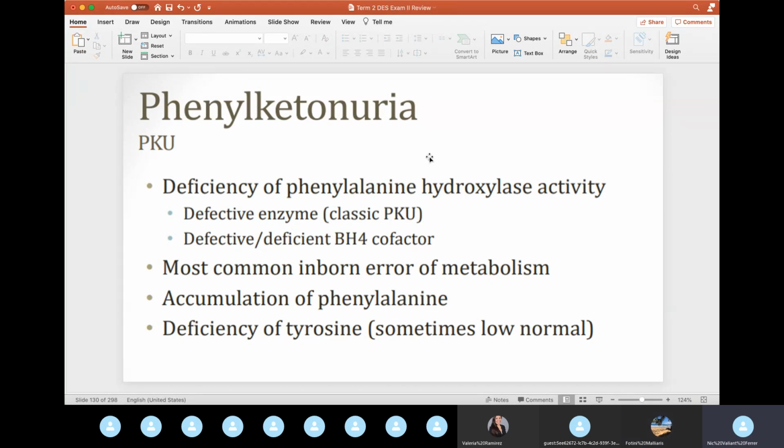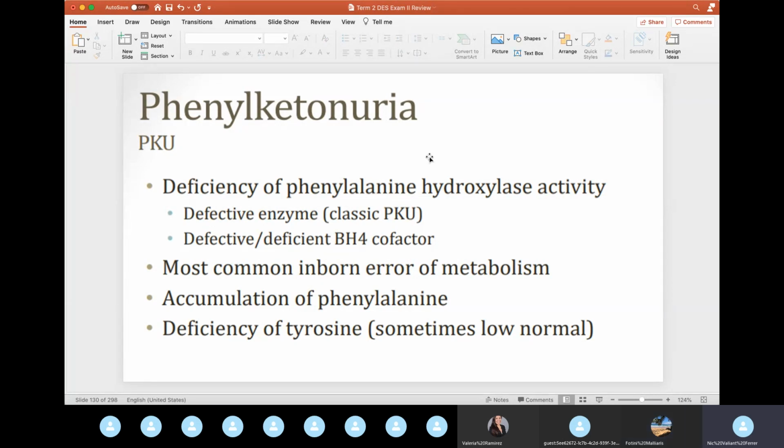And then from norepinephrine to epinephrine, PNMT. What's the important cofactor? SAM. Good job. There you go. How are we going to break down catecholamines, norepinephrine and epinephrine? What are the two enzymes? MAO and COMT.